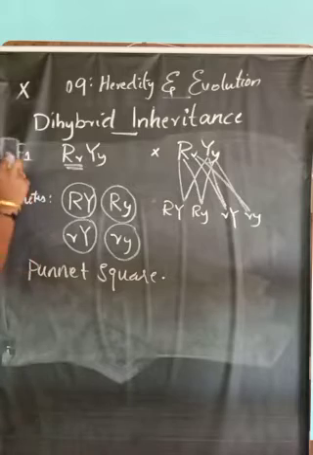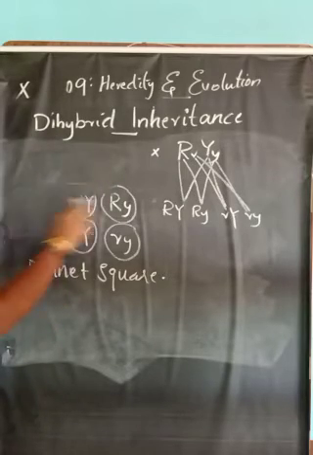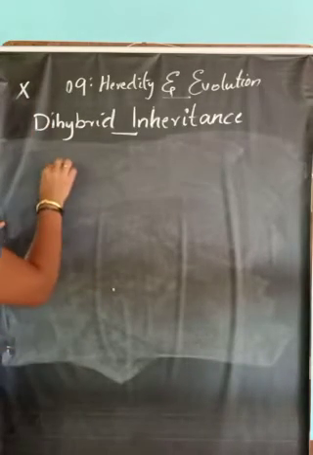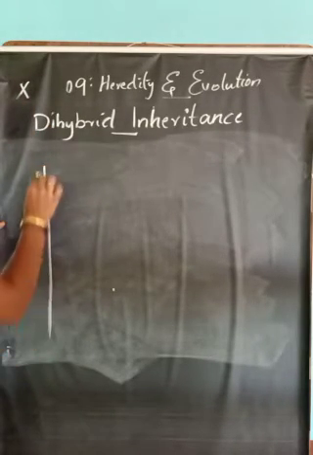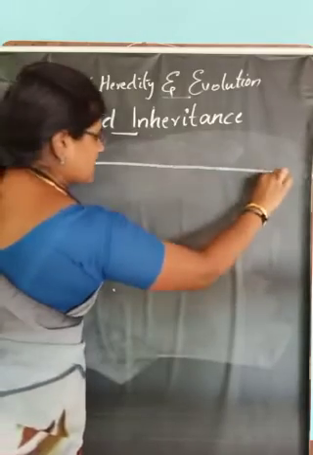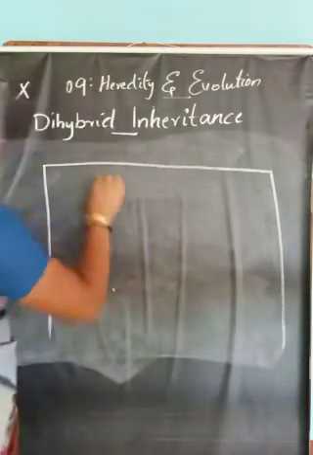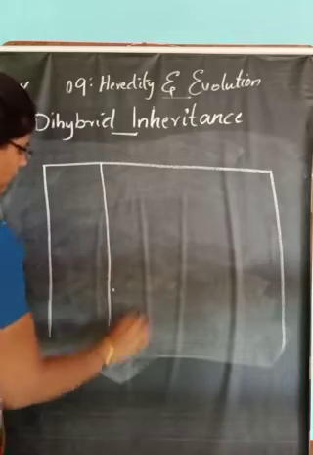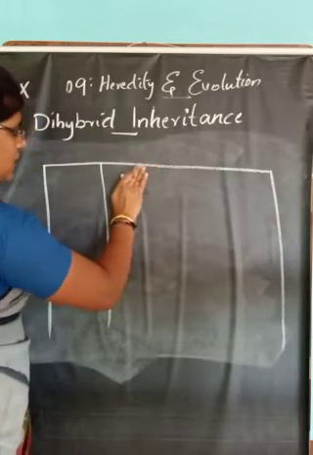Now we are going to draw the Punnett square using the gametes which we obtained. There are 4 gametes, so 4 rows and 4 columns.